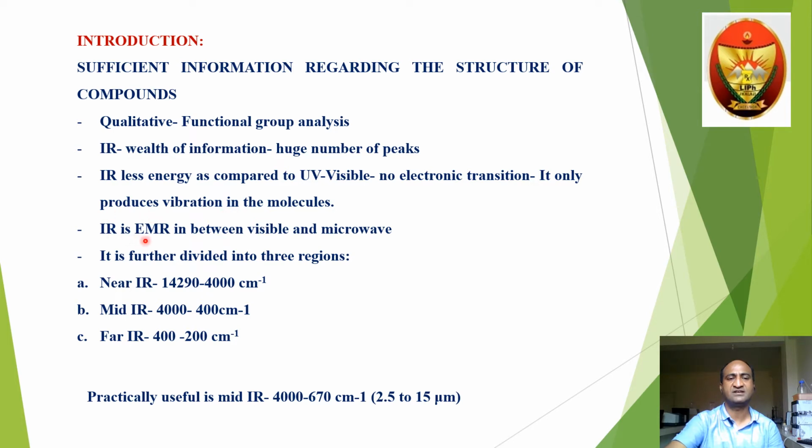Infrared radiation is in between the visible and microwave regions of the electromagnetic spectrum. The IR radiations are further categorized into three regions: near IR, that is 14,290 to 4,000 reciprocal centimeter; mid IR, 4,000 to 400 reciprocal centimeter; and far IR, 400 to 200 reciprocal centimeter.